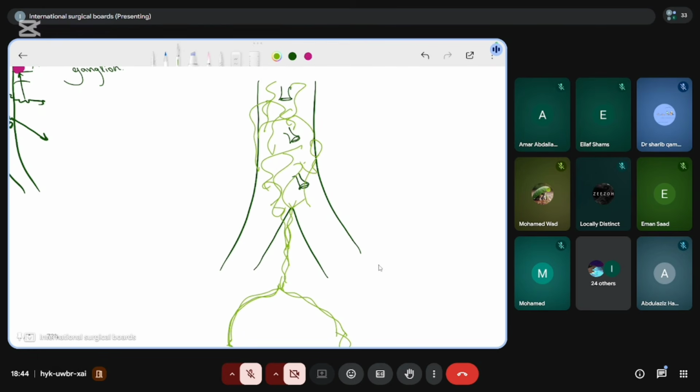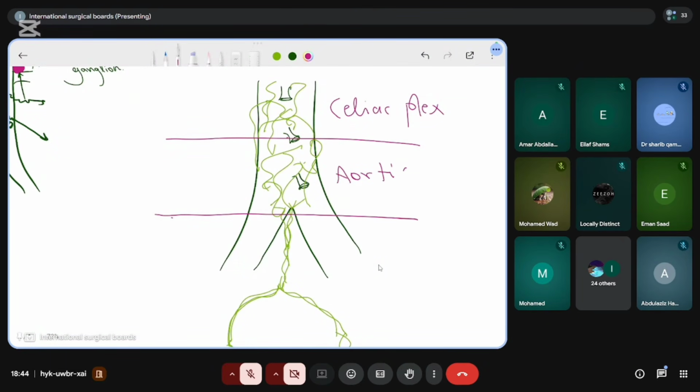There's a division around the celiac artery and superior mesenteric artery. We call it the celiac plexus. And from the superior mesenteric to the bifurcation of the aorta, we call it the aortic plexus. Below the aortic bifurcation, we call it the superior hypogastric plexus.